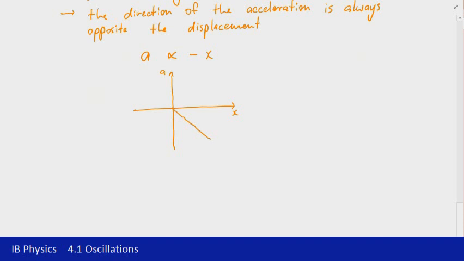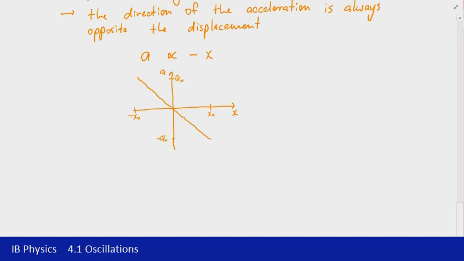And then as the displacement goes in the opposite direction, then the acceleration will likewise be in the opposite direction to that, and so we get that linear trend line. Now the values on the horizontal axis here would be x naught, the maximum displacement, and then negative x naught, and likewise on the vertical axis that would be a naught and negative a naught, so the maximum is in those directions.